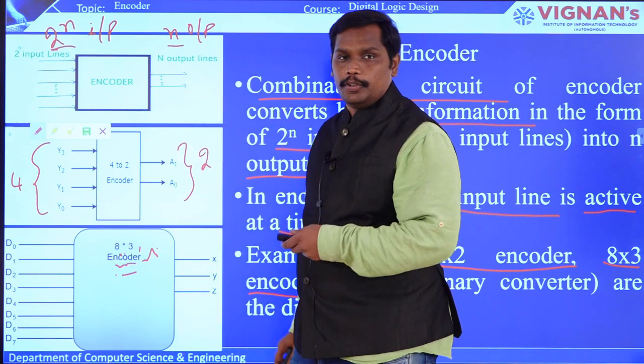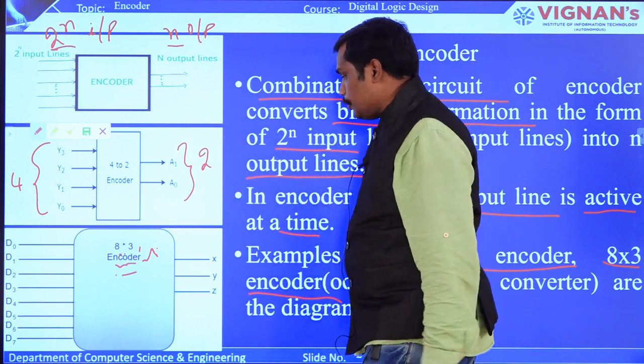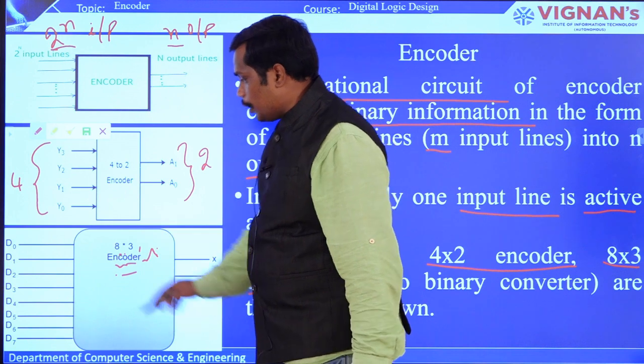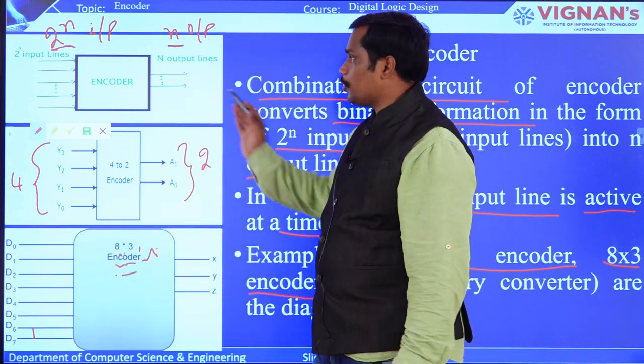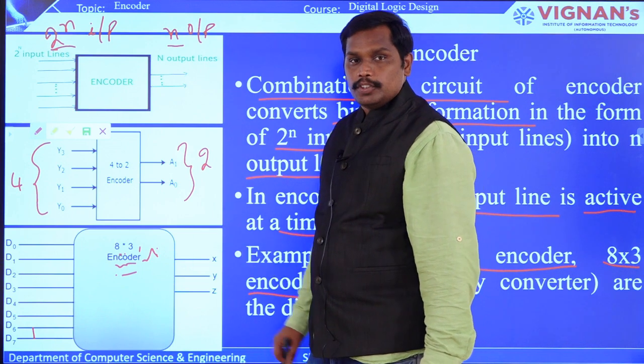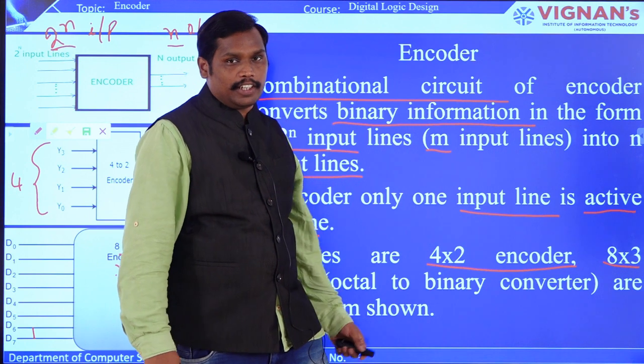This is one of the encoder circuits which comes under combinational logic circuits, right. In the 8x3 encoder you have 8 inputs and 3 outputs. So, this is how you construct the encoder. There are 2 types of encoders here, 4x2 as well as 8x3.